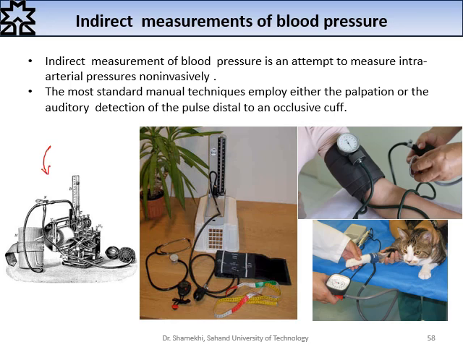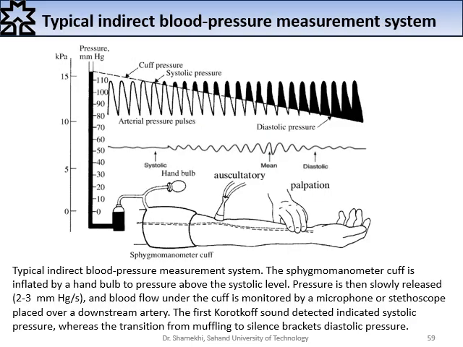This is an old device, and this is a newer one. We have some mercury-based indirect pressure measurement or measuring based on some gauge. Also, we have some tailor-fitted devices for animals.